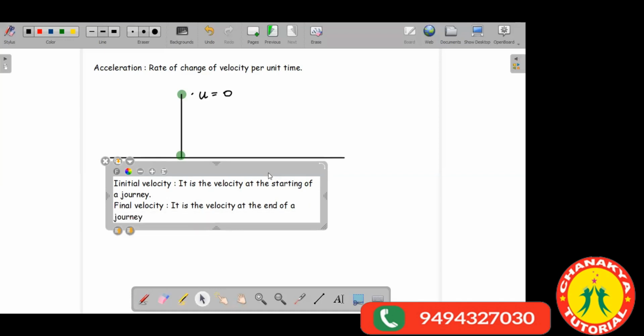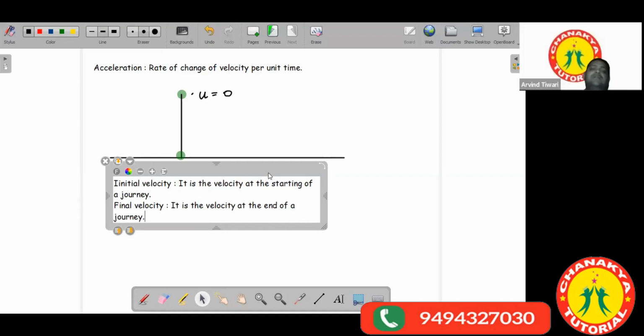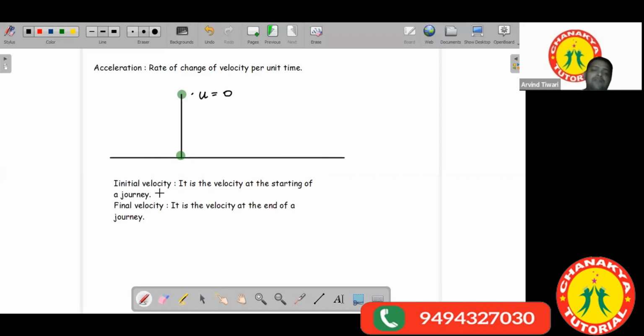The initial velocity is represented by the symbol u and the final velocity is represented by the symbol v, as v comes after u.